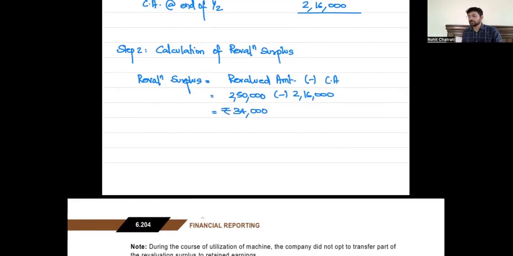The journal entry for this would be: fixed asset, or plant and machinery, debit, to revaluation surplus, which is a portion of other comprehensive income. So 2,50,000 less 2,16,000 is equal to 34,000 rupees.